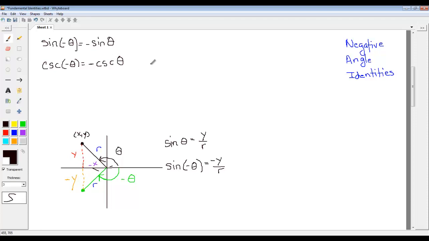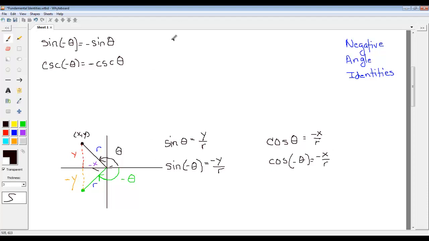All right. Same figure. Let's look at cosine. Cosine theta in this one is, in this case, we got negative x over r. Cosine negative theta is the same, negative x over r, from this figure.